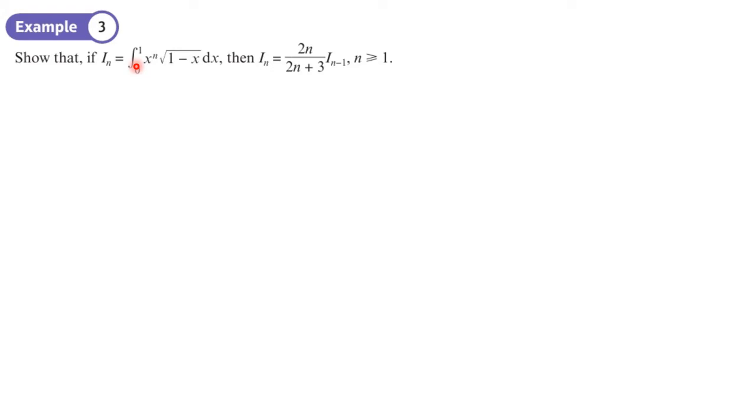Now we've been given an integral here, and we want to show that this reduction formula is true. Now this is different to the previous ones because we have limits. And just a reminder, when we've got integration by parts and we've got limits, then the integration by parts becomes this.